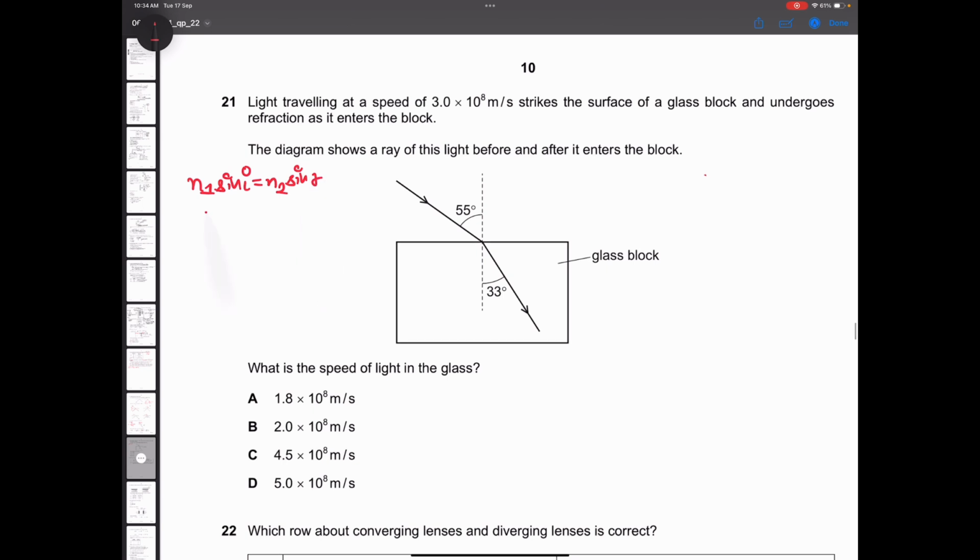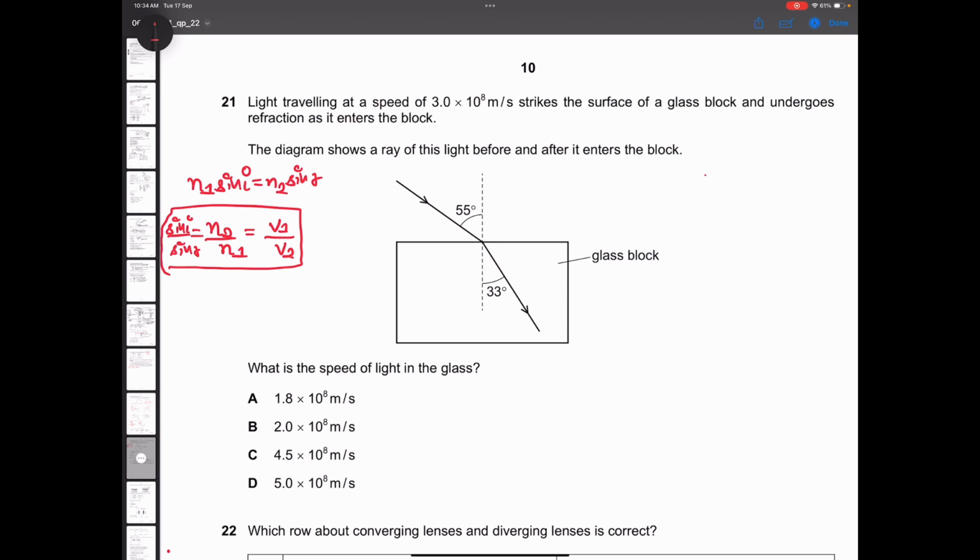Then you rearrange this equation into n2 over n1 equals sin i over sin r. This is also equal to v1 over v2. This is a very important relation to solve refractive index questions where they mention angles or sometimes ask you the speed. Now we can use any two relations.